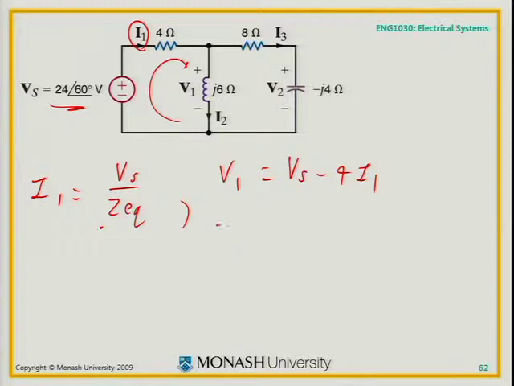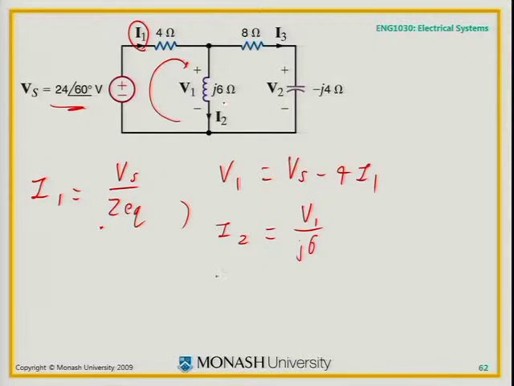What would I2 be then? What's I2? Just in terms of the phases. V1 on what? J6. V1 on J6. Voltage across a J6 impedance. The current is V1 on J6.